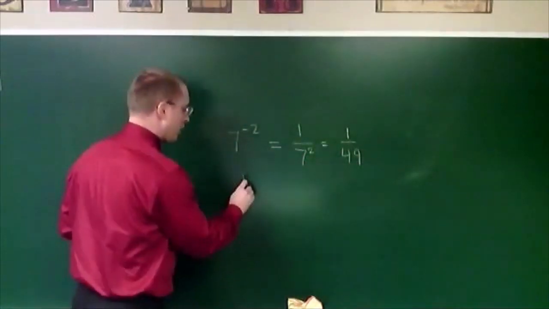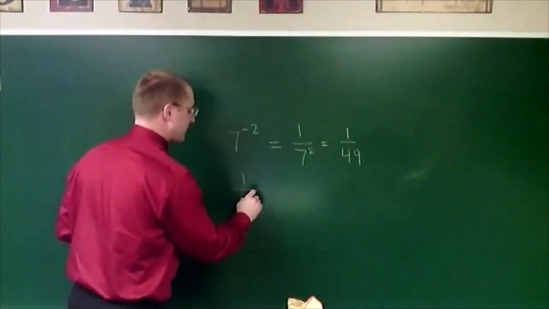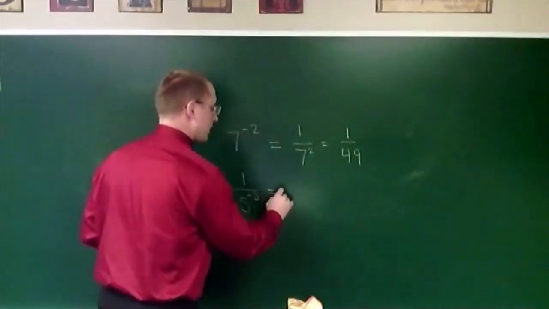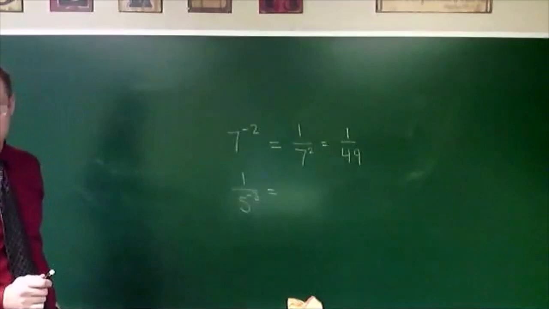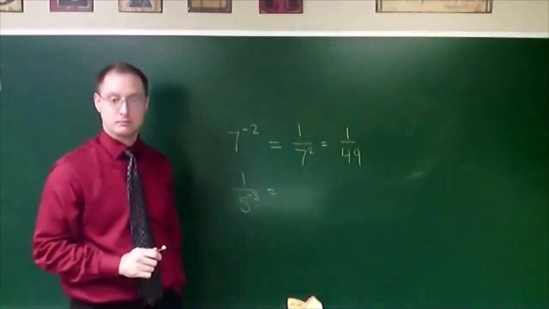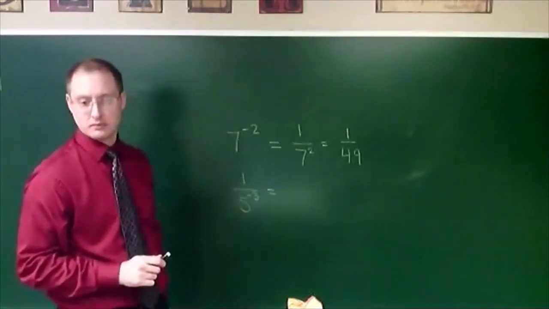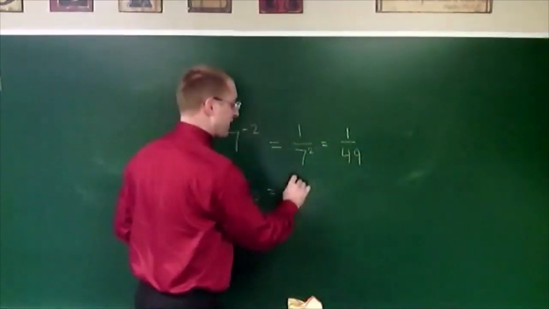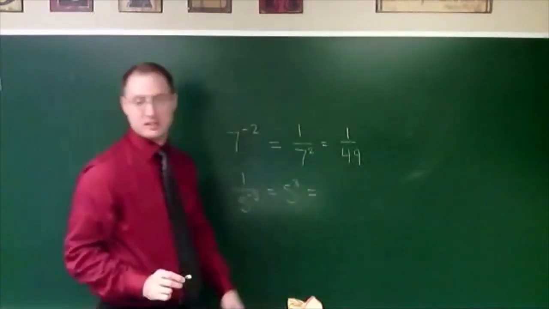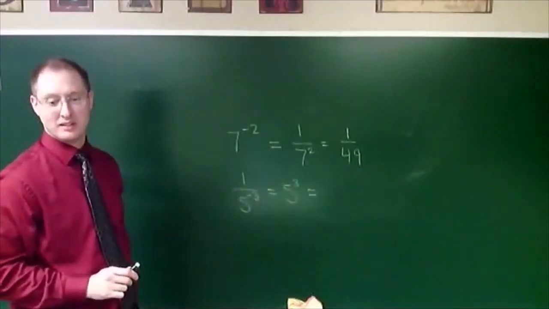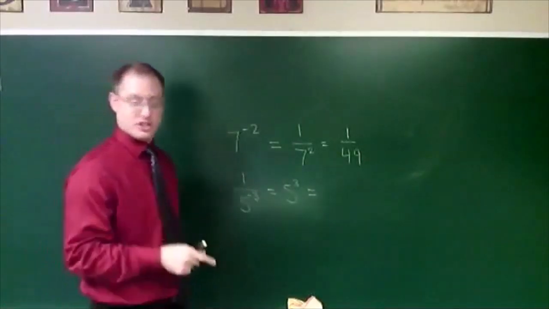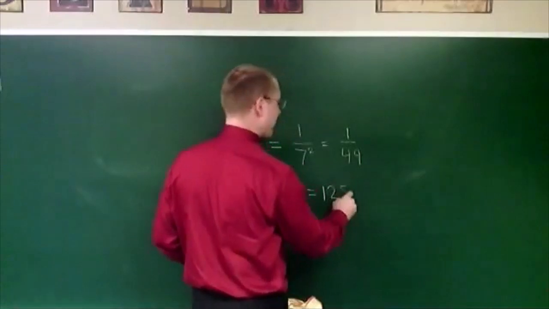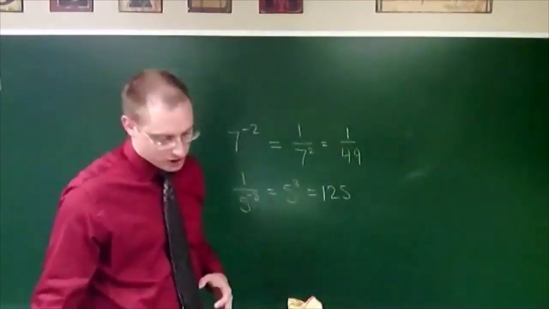Had a 1 over 5 to the negative third. How could we write that, Scott? Five cubed, very good. And what is 5 cubed, anyone? 125. Good job, Joshua. I think you might be a hair ahead of Scott. Good job on that.